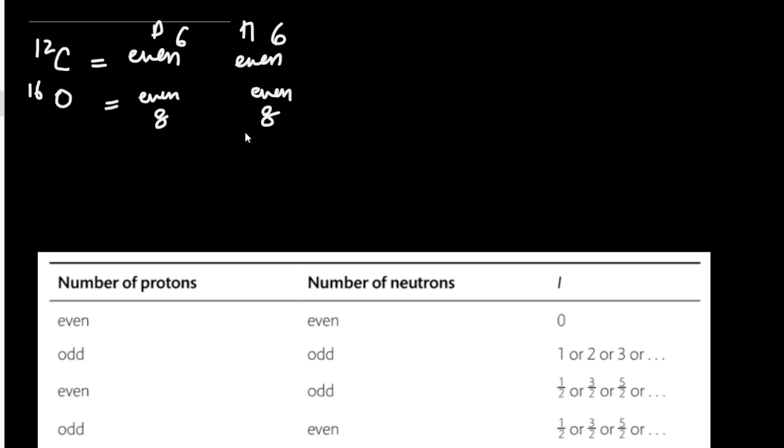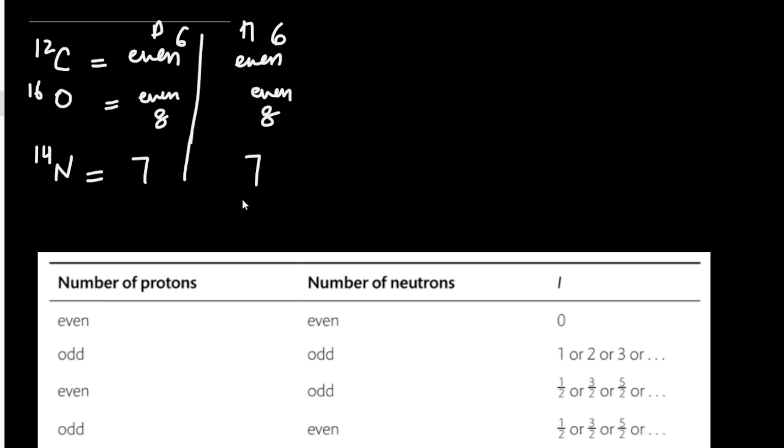So let's take another case, for the odd. For those which have an odd number of protons and an odd number of neutrons, their spin should be 1 or 2 or 3 and so on. We have studied an example of nitrogen 14. It has 7 protons and 7 neutrons. So odd number of protons and odd number of neutrons.